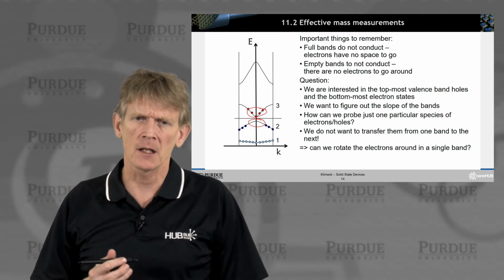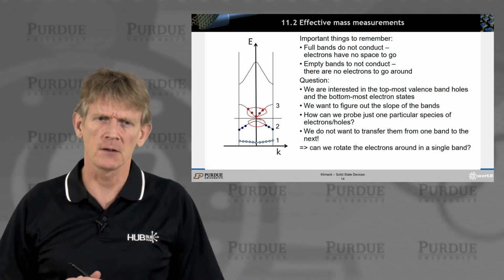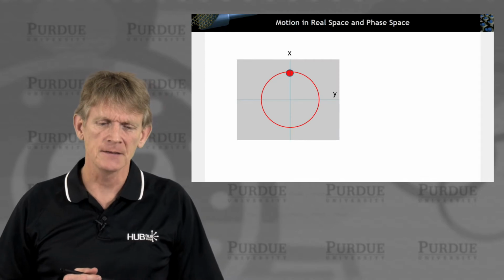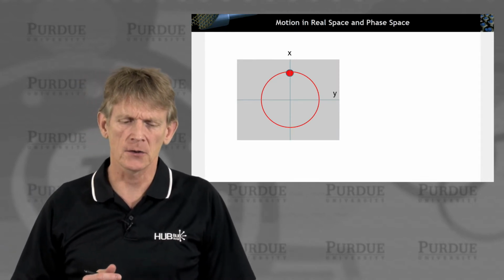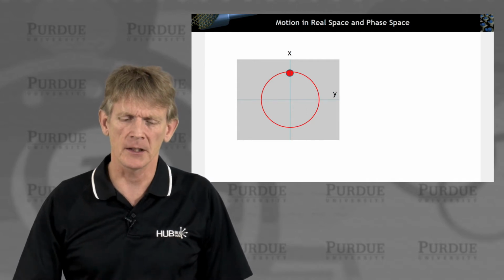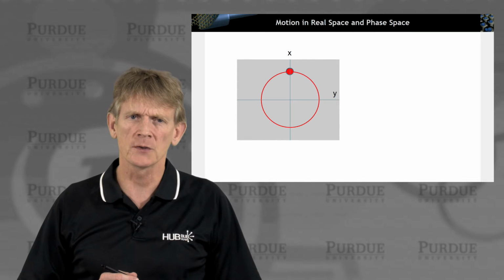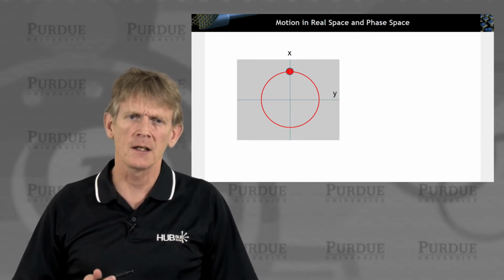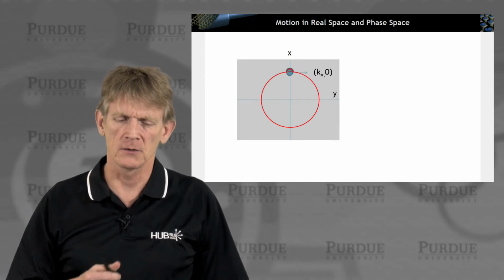Now, the fundamental approach is that you can rotate electrons in the crystal with a magnetic field. Imagine that you're at cold temperatures and electrons can circle around an external magnetic field. Let's imagine this electron zooms around the magnetic field. What would that look like in phase space, in K space in the reciprocal lattice?